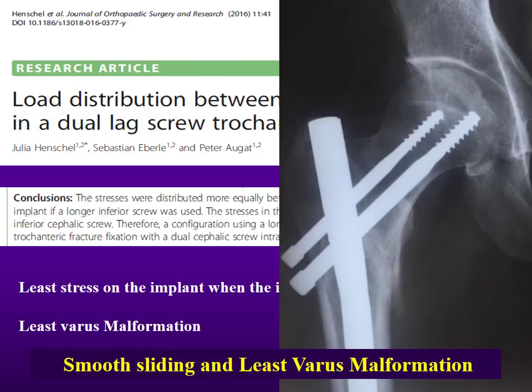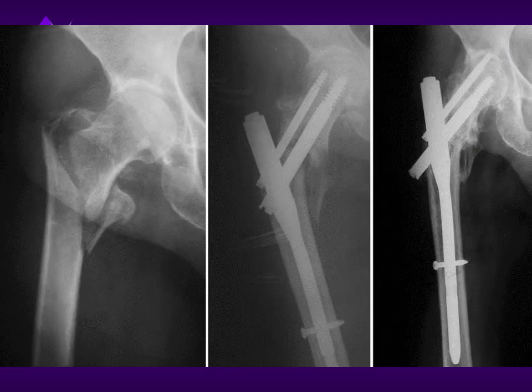There will be smooth sliding of the neck screw as well as the derotation screw if both the screws are at the same horizontal level and take the load simultaneously. If the superior screw is longer or if there is a gap medially, then there will be high chances of Z effect.